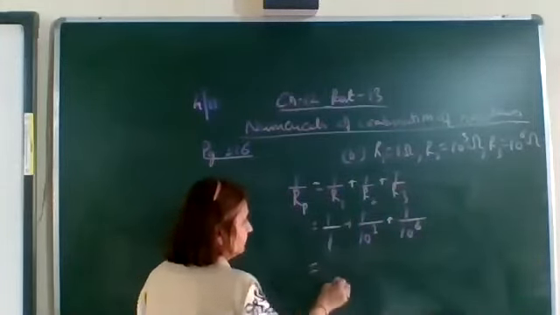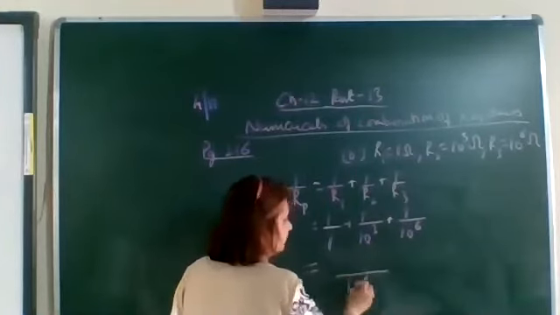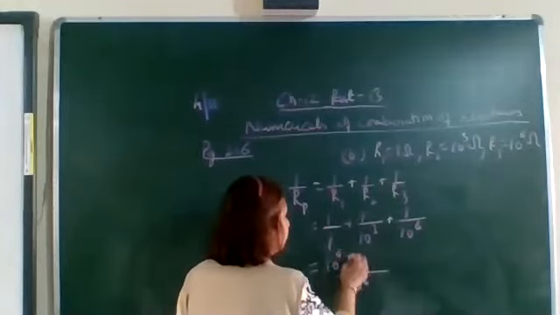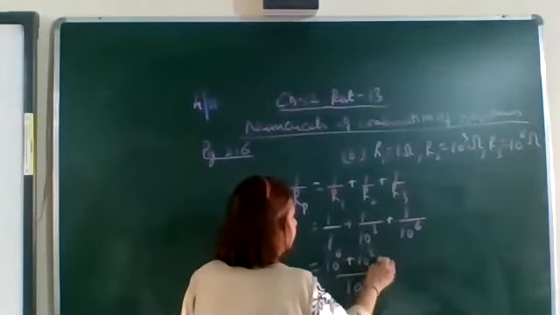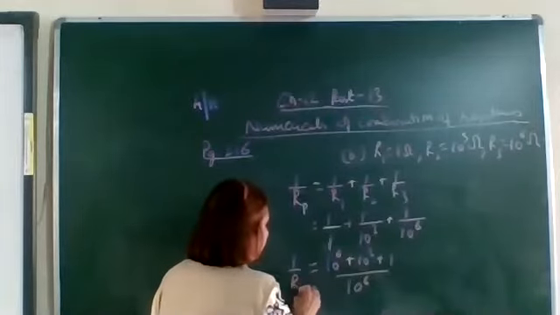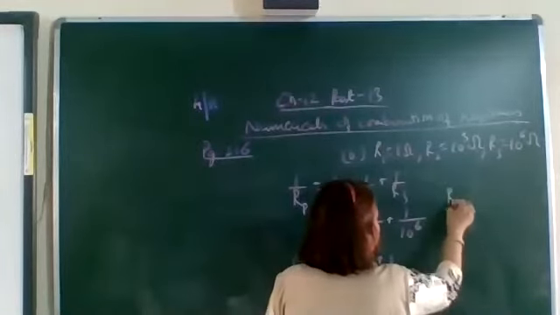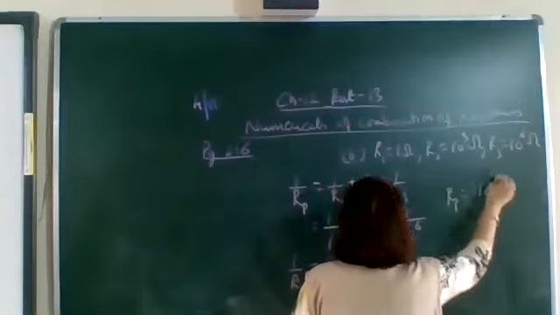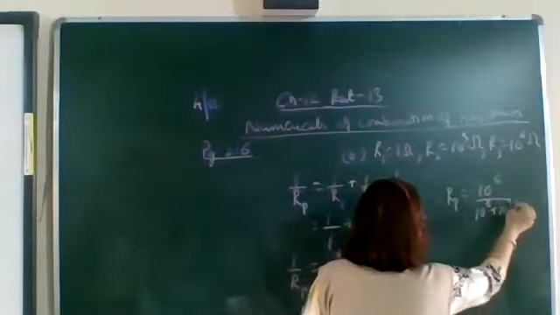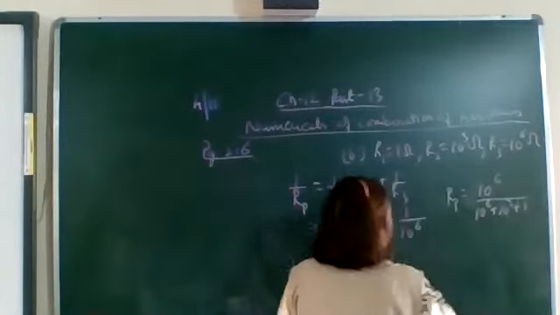Find its LCM. LCM is 10 raised to the power 6. Here it would be 10 raised to the power 6 plus 10 raised to the power 3 plus 1 is 1 upon RP. So, the reciprocal of it will be 10 raised to the power 6 upon 10 raised to the power 6 plus 10 raised to the power 3 plus 1.